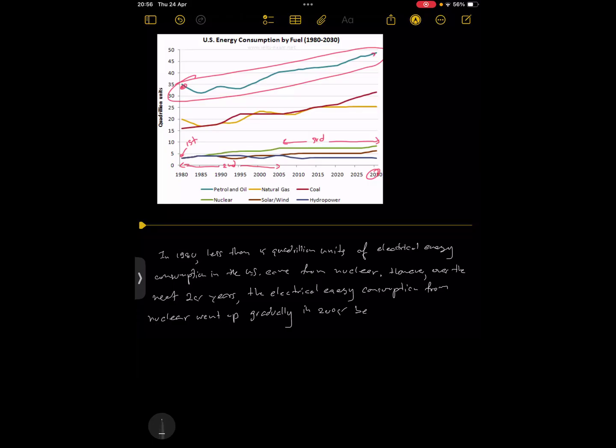I'll just say before stabilizing. You can also say before reaching a plateau, just say before stabilizing.